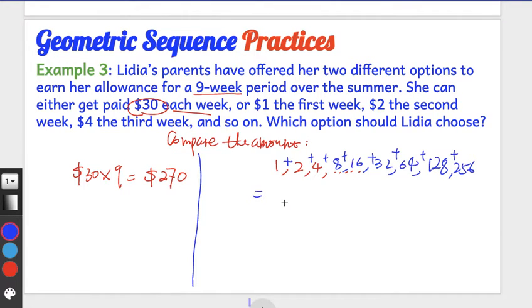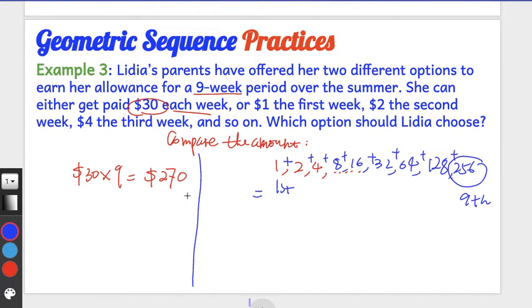But no matter what we do here, as you can see, in the 9th week she already got $256, right? That's the first week, that's the ninth week. 1, 2, 3, 4, 5, 6, 7, 8, 9. I just want to make sure I'm not doing it the wrong way.